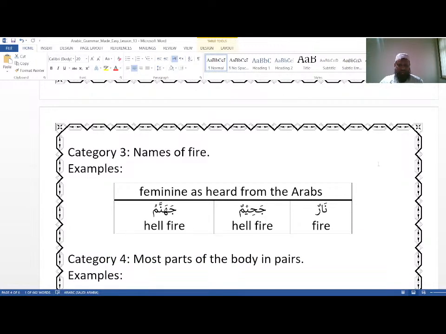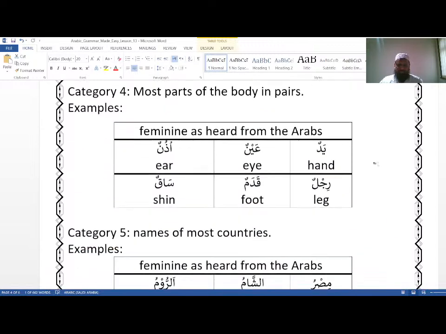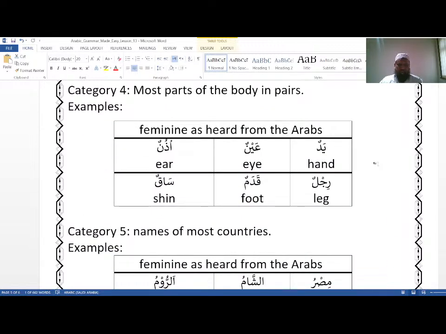Most parts of the body in pairs, one of the categories, number four, which we have already done. Yadun, aynun, udhunun, rijlun, qadamun, saqun, shin.